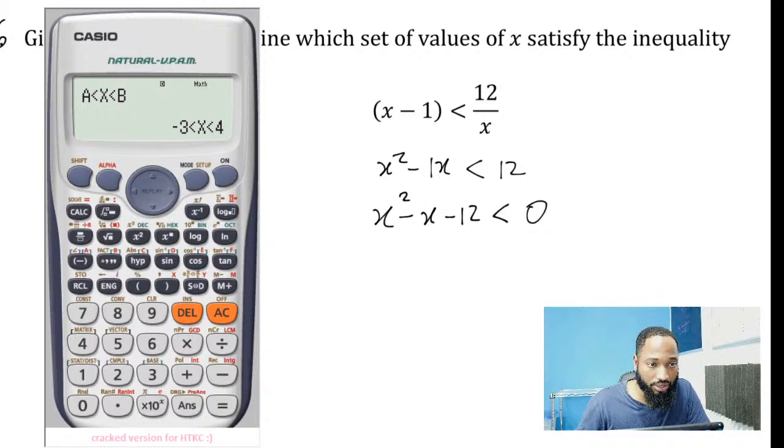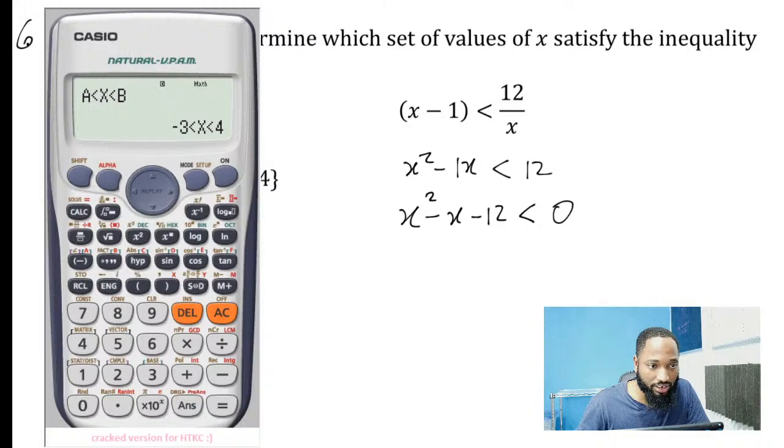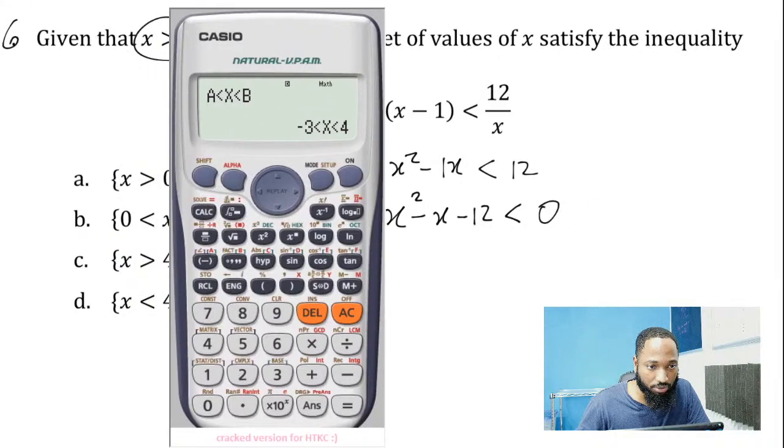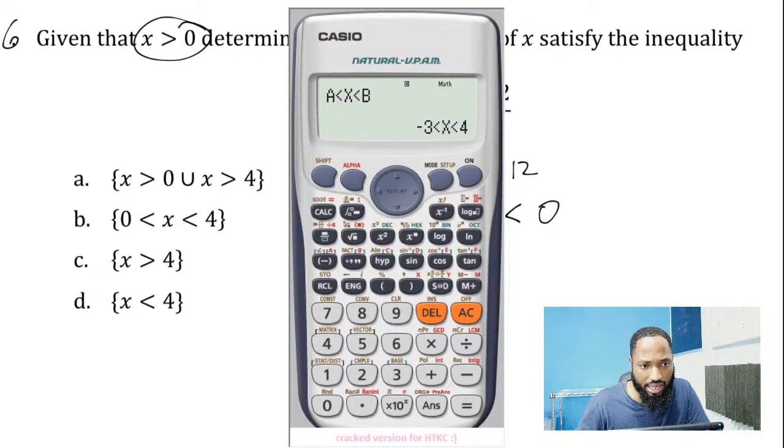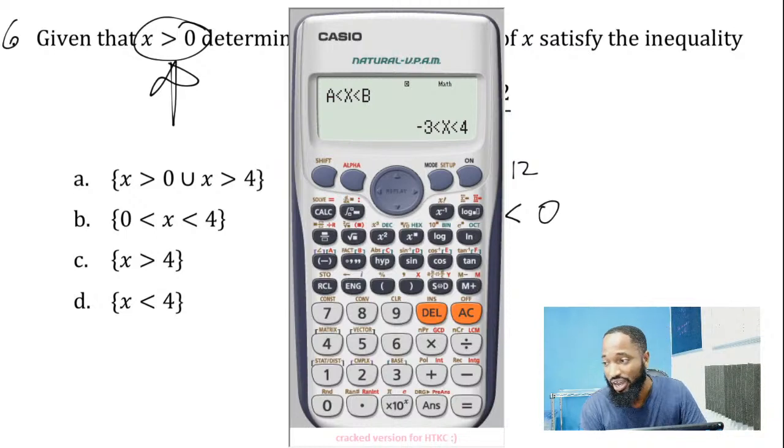But move across that calculator, and you do not see any negative 3. Because they tell you to begin with x is positive numbers. It's not going down to that negative 3. So we're looking at values.